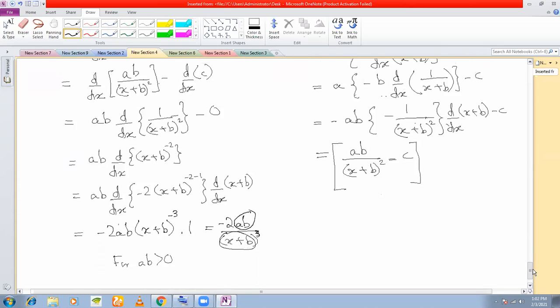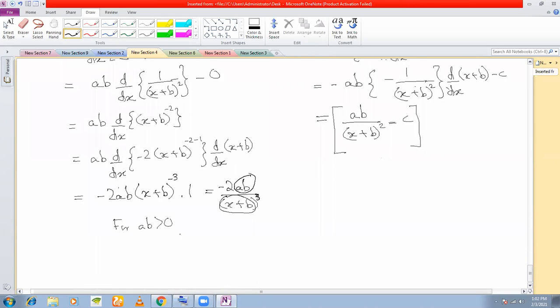For ab positive, ab greater than 0, and since x is the output, x will be positive. x plus b whole cube greater than 0. Okay, x plus b will be positive because x is the output. Output cannot be negative. If you add, x plus b will be positive, isn't it? So if ab is greater than 0, ab is positive, and if x plus b whole cube is positive, then this entire expression will be negative.